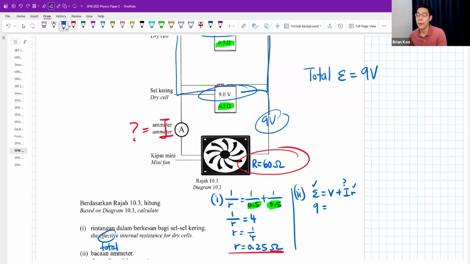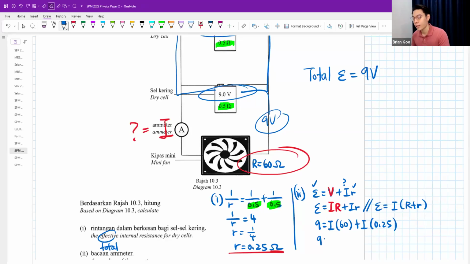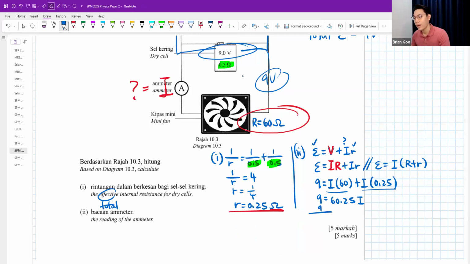We do not have the V, but don't worry because V equals IR. Maybe I rewrite first. Some people will write like this, some people will write it like this. Up to you, it is the same. e.m.f is 9, current I want to find, big R is 60, small r is 0.25. 60I plus 0.25I, you get 60.25I. 9 divided by 60.25, you get the current.